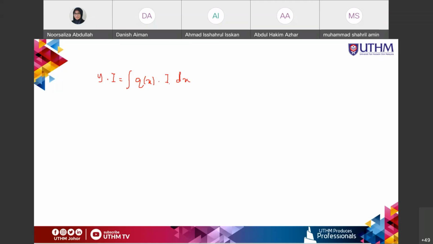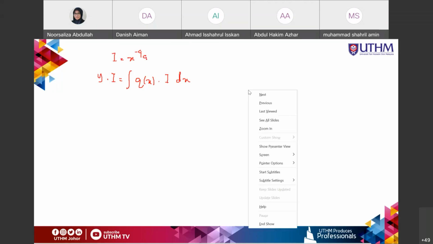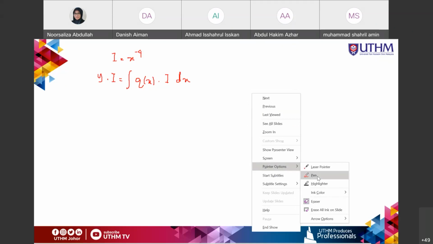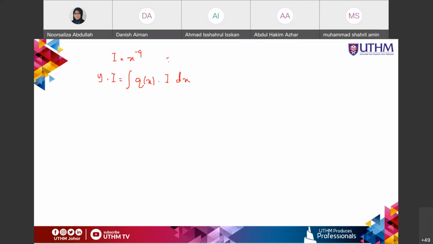So I tadi kita dapat x negative 4, and Qx is x power 4.